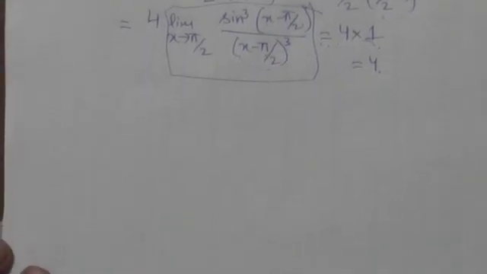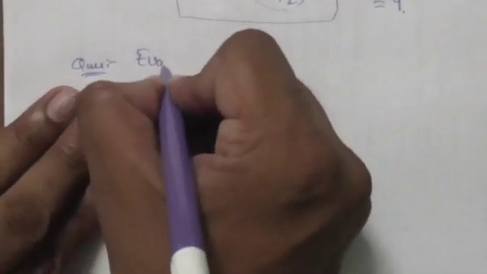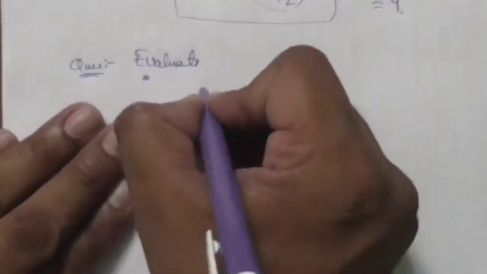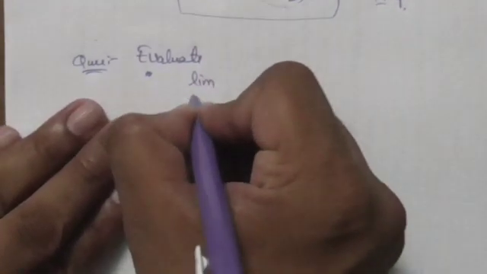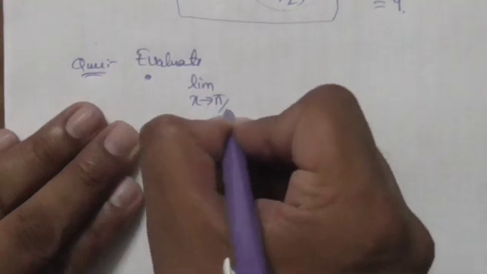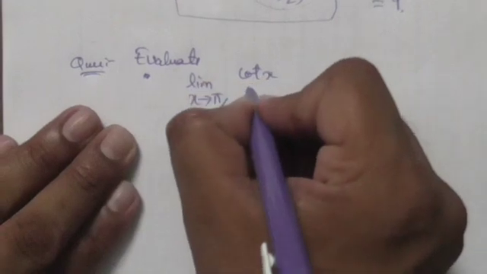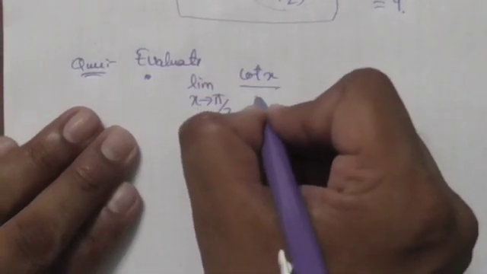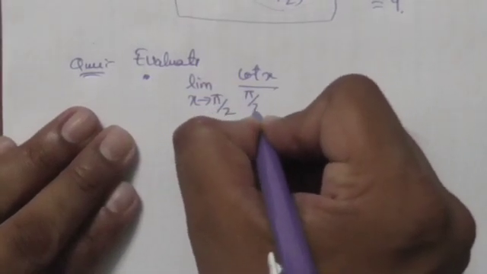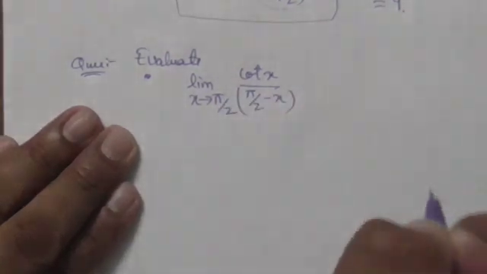Now the next question is, we have to evaluate limit x tends to pi by 2 of cot x upon pi by 2 minus x.